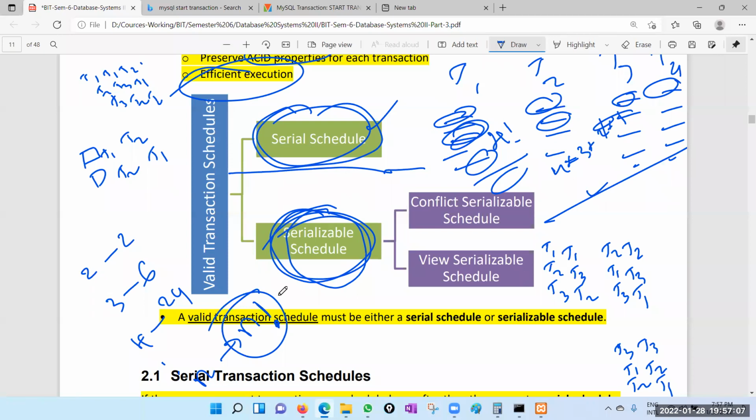Then only that schedule is valid. So all the possible serial schedules are valid. All the possible serializable schedules are also valid. What is meant by a serializable schedule? We are mixing it, but though we mix it, its result is equivalent to one of the serial schedules.